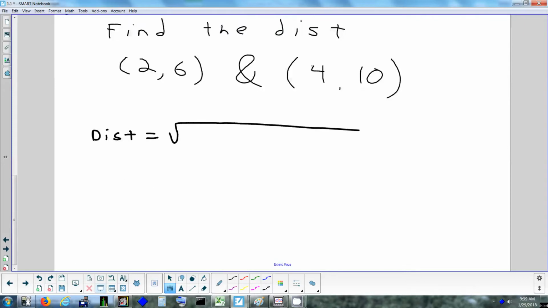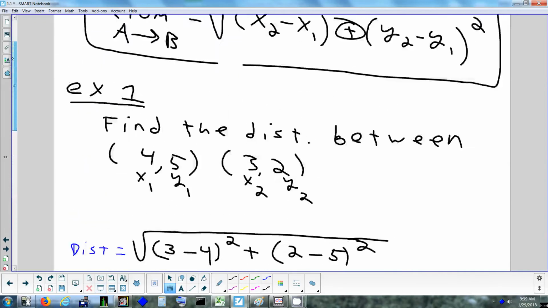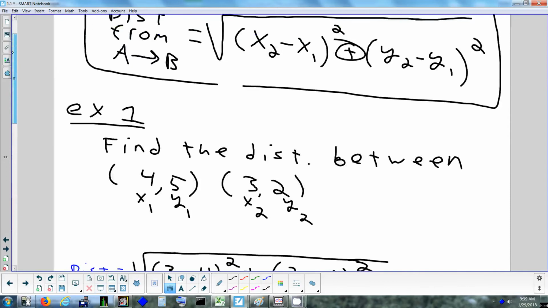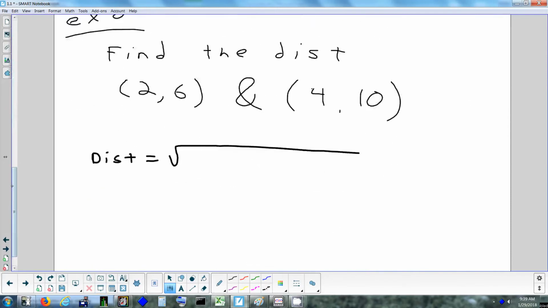So the difference in the x's, x2 minus x1, or you can do x1 minus x2. It doesn't really matter the order you subtract because you're going to square it. But I'll be consistent. So 4 minus 2, plus 10 minus 6. Did I do 10 minus 6 right? Yes. So keep in mind what you're really doing right there.